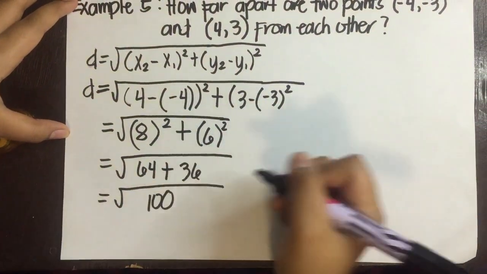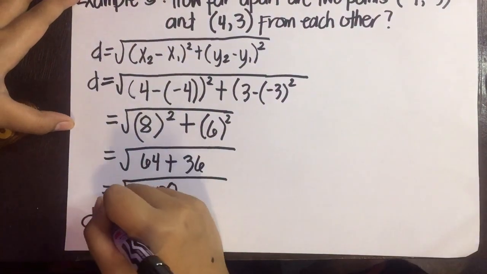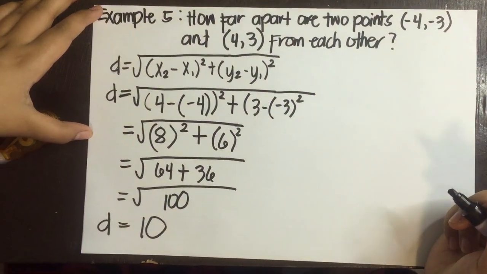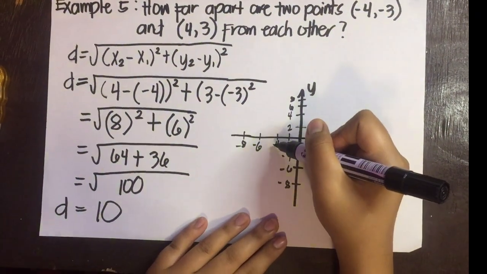So 64 plus 36 is equal to the square root of 100, and the square root of 100 is equal to 10.